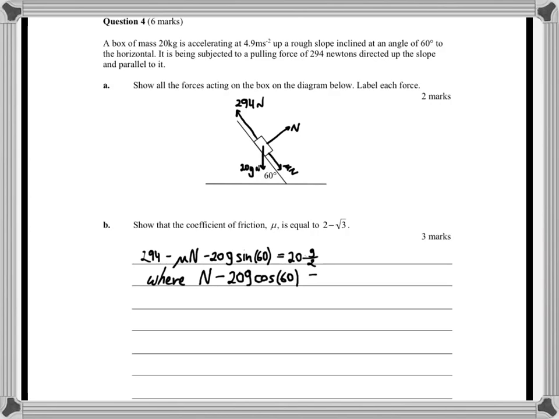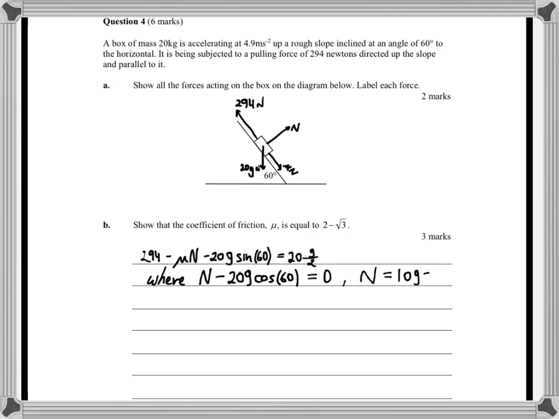Now, we have to work out what n is. Where do we get n from? N is determined from the vertical components, okay, perpendicular to the motion. So n going up and subtracting the cos component, the perpendicular component of the weight force. There it is, weight force times cos of 60.